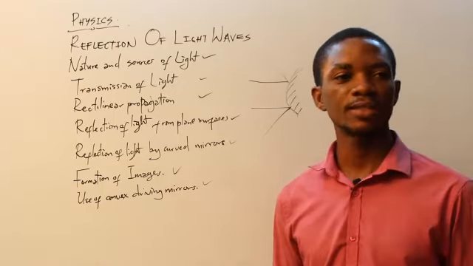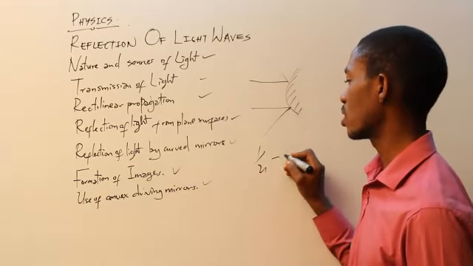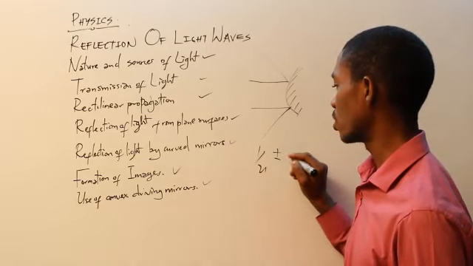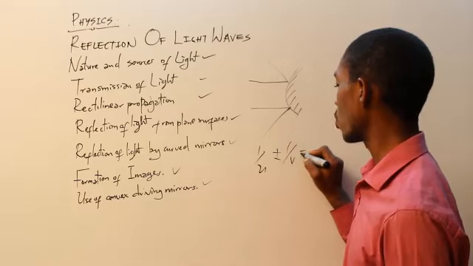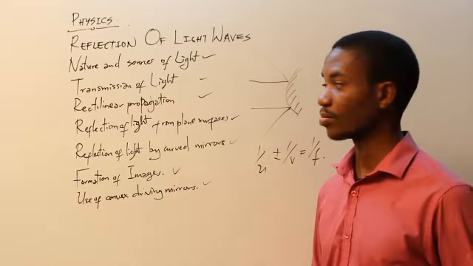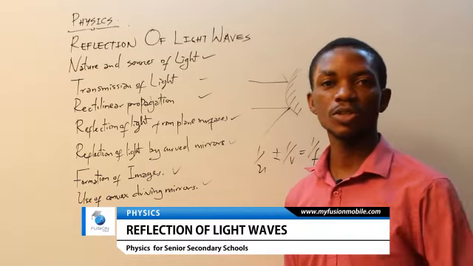We also talked about reflection of light by curved mirrors, where we started working with the formula that we gave earlier: 1 over U, which is object distance, plus or minus, depending on the situation, 1 over V equals 1 over F. That's also part of image formation.